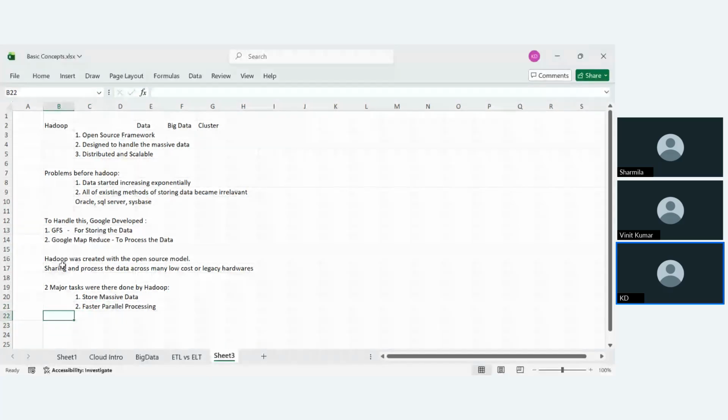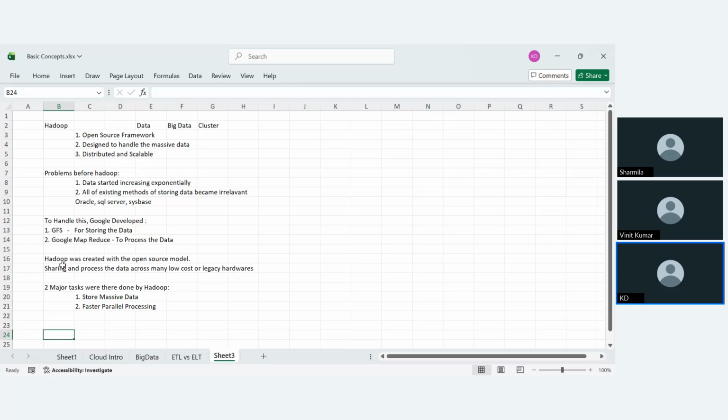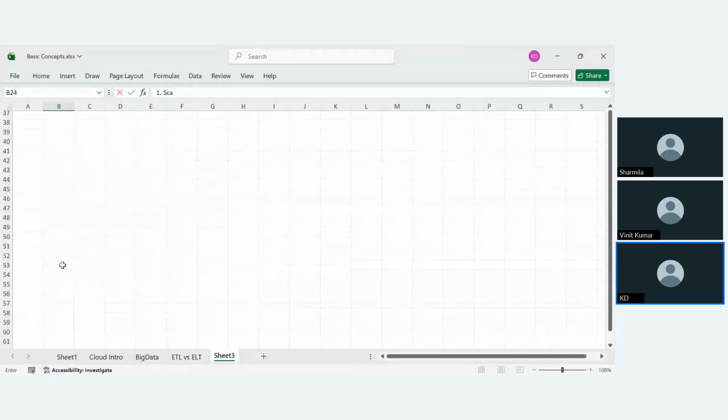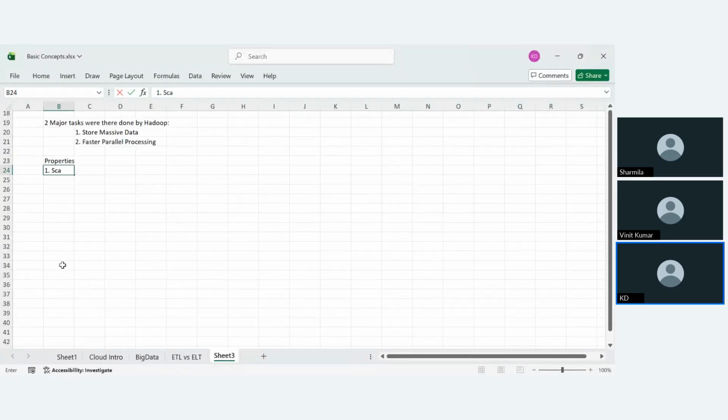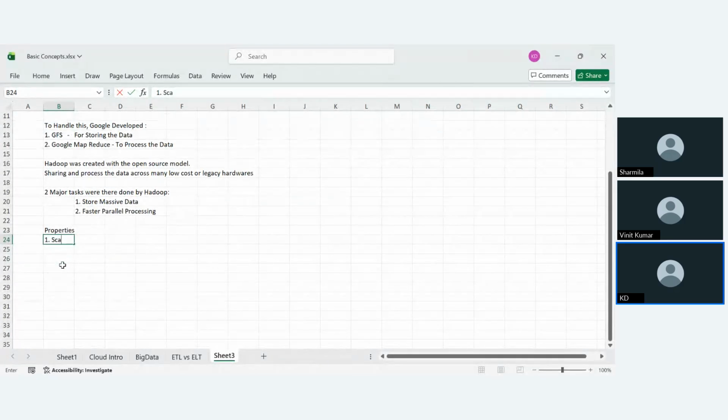Hadoop was following the legacy systems property, and along with that, the other properties of Hadoop were: number one, it was scalable. Then there was high fault tolerance.